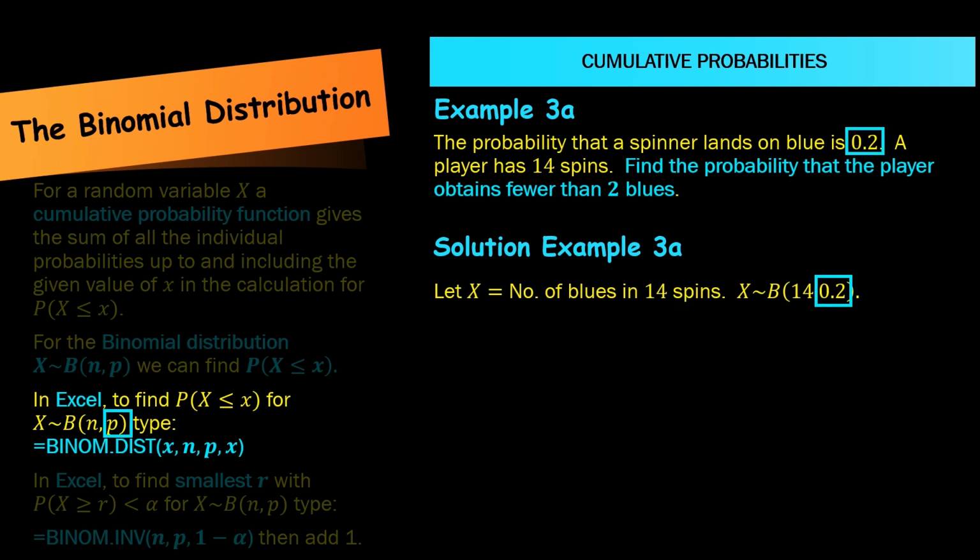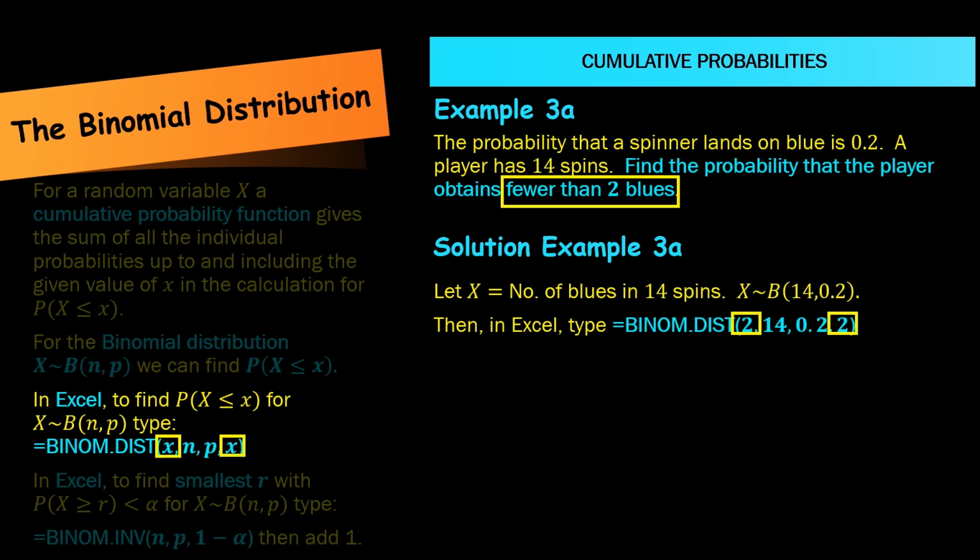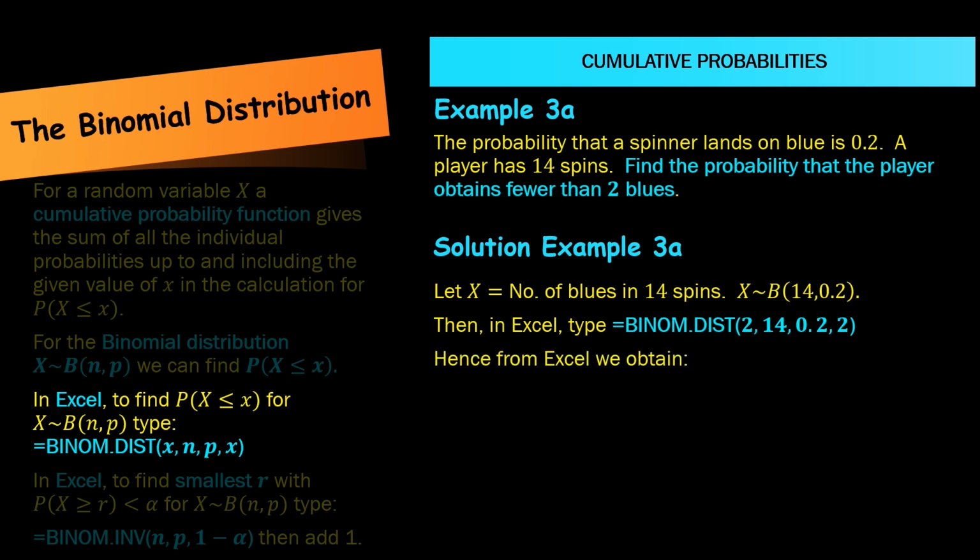So in Excel we type equals binom.dist, open bracket, x equal to 2, n equal to 14, and p equal to 0.2, with commas separating the figures. And so from Excel we obtain that the probability of x less than or equal to 2 is 0.44805.